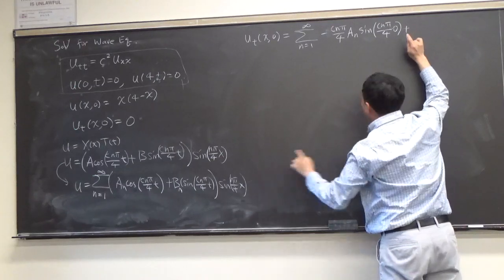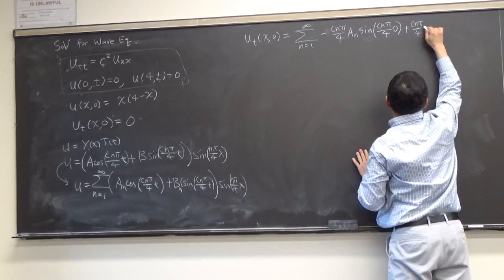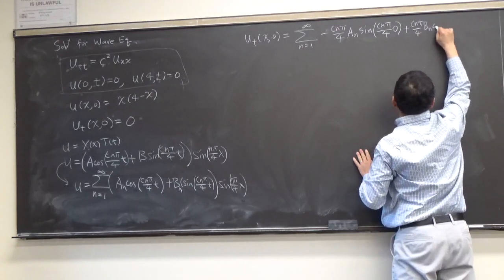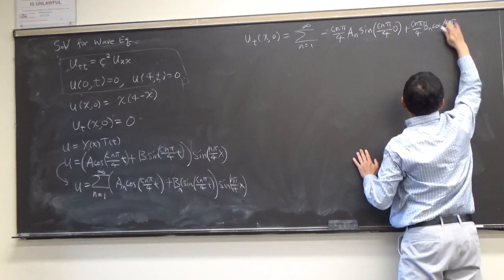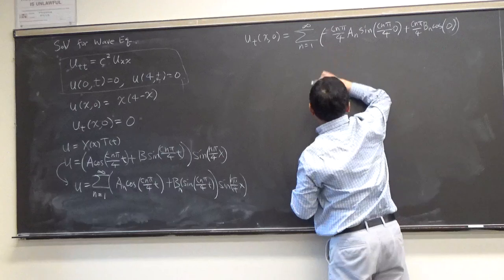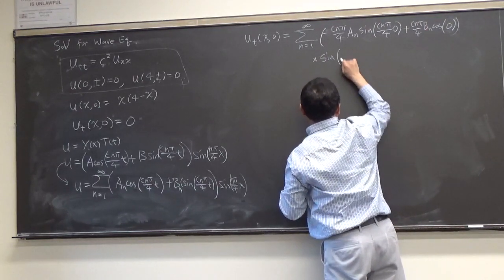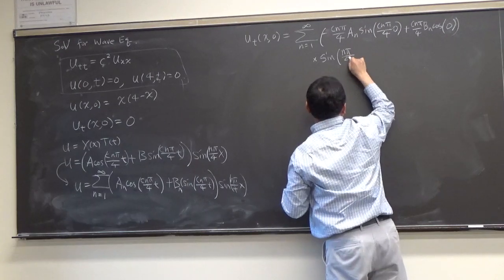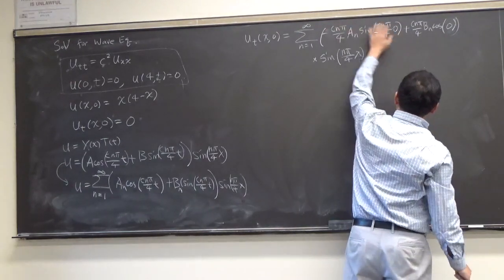Then sine differentiates to cosine, so it's Cn pi over 4 b_n cosine Cn pi over 4 times 0, times sine n pi over 4 x. Sine 0 is 0, so that goes away.